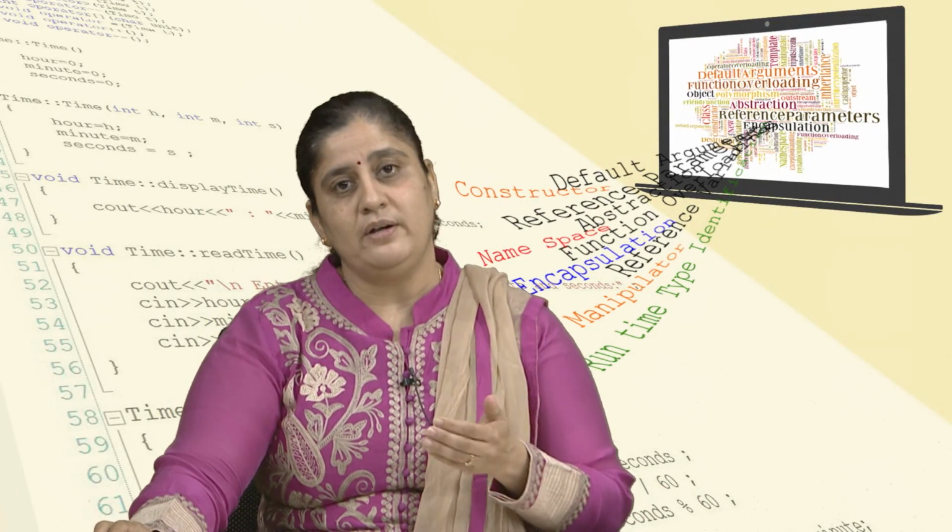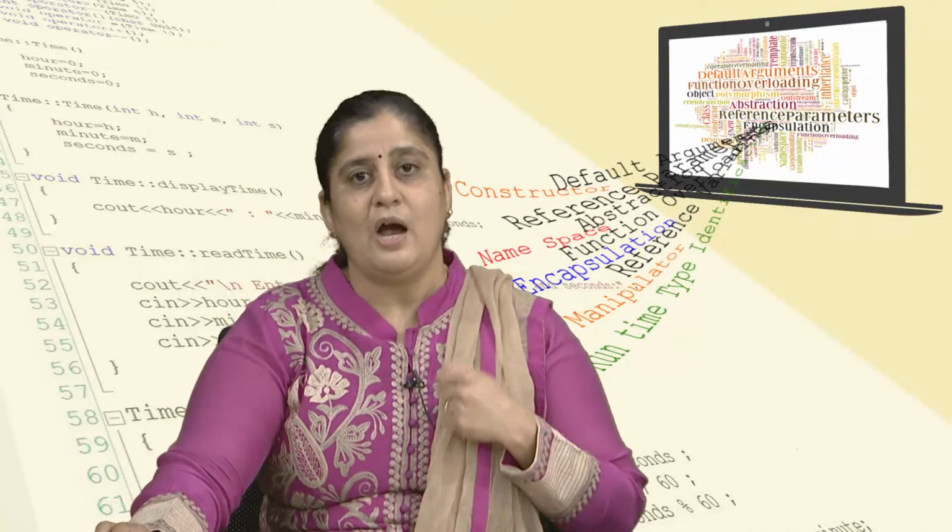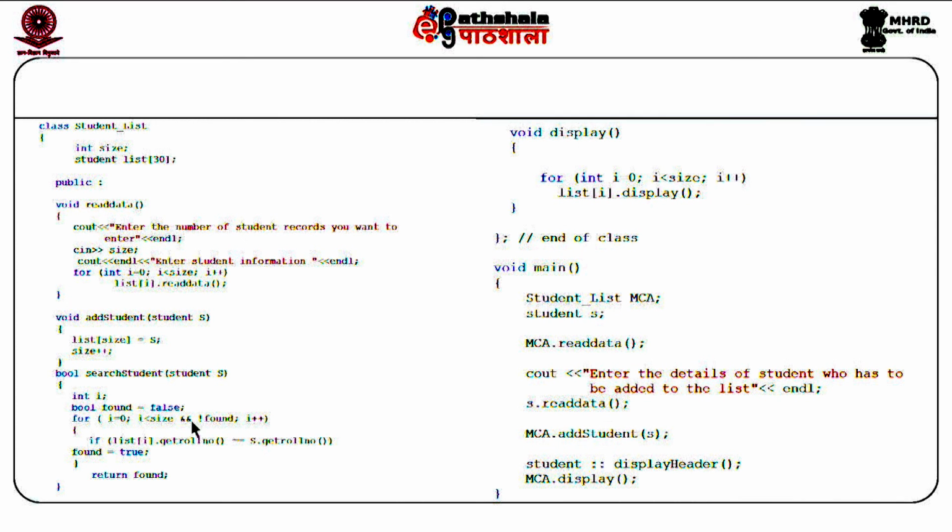Now, when I define this list of students, if I want to read a student record into that, how do I do it? Let us see. Have a look at this add student function. What we are doing here is, the size is the index indicating the last student in the list, the index of the last student record in the list.